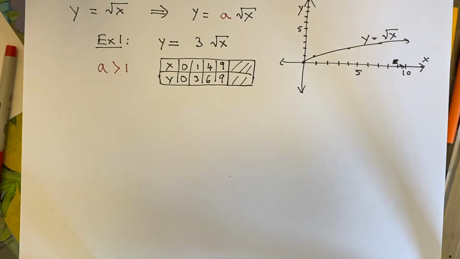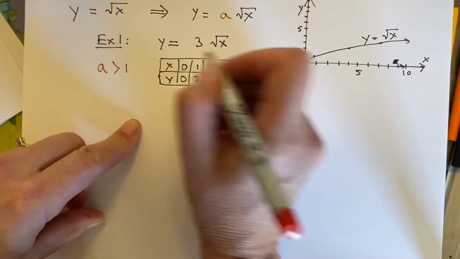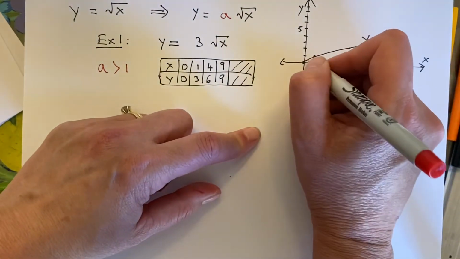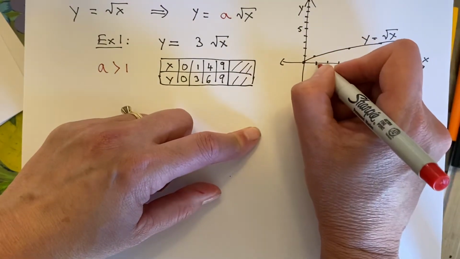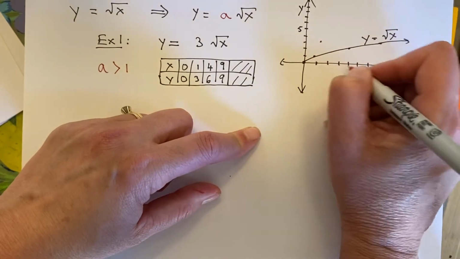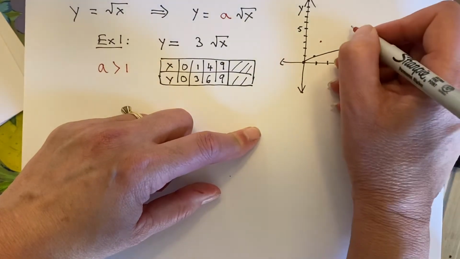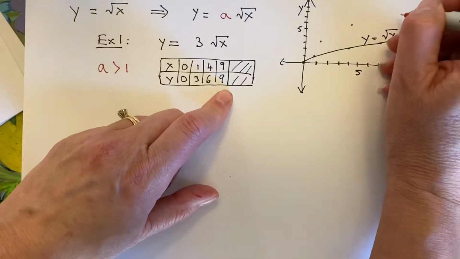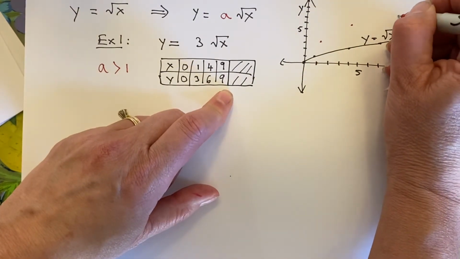All right, let me graph that in red, and we can compare y equals 3 square root of x to y equals the square root of x. So 0, 0, 1, 3, 4, 6, 9, 9.